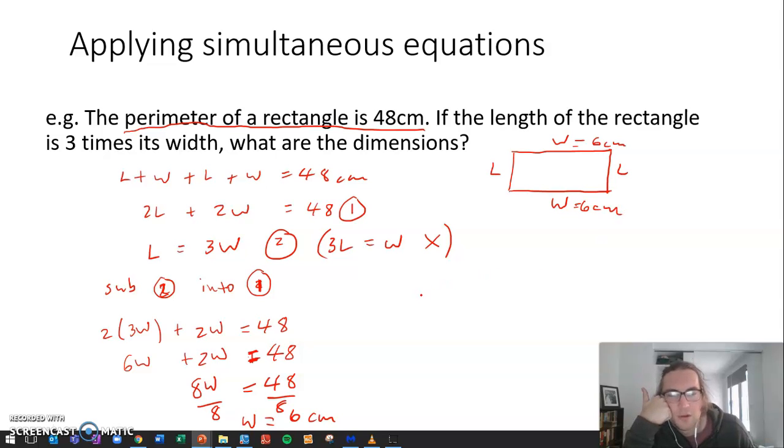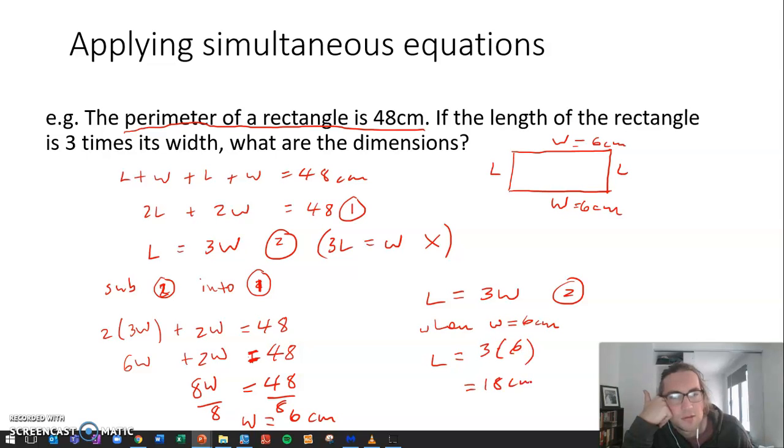The width is 6 centimeters, and I've got to find the length. From equation 2, L is equal to 3W. When W is equal to 6 centimeters, the length will be 3 times 6, which is 18 centimeters.